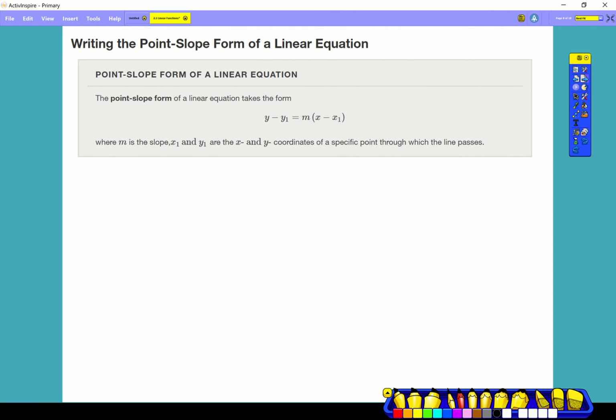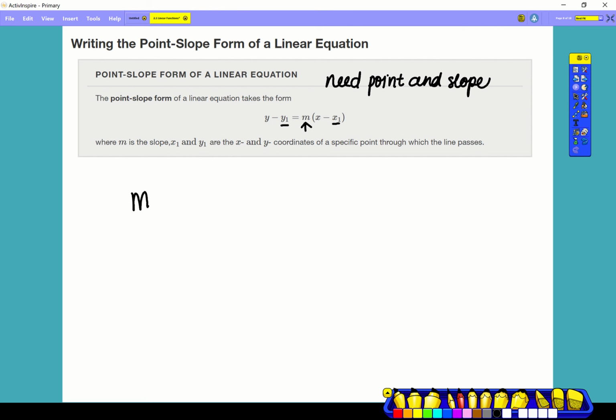Writing the point slope form of a linear equation. The point slope form of a linear equation, it's called point slope because you only need a point and the slope. Notice the 1 point and the slope.